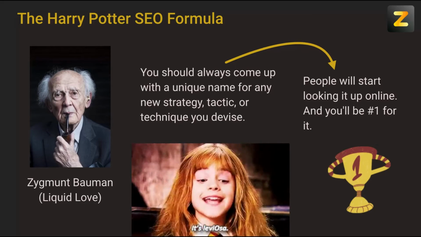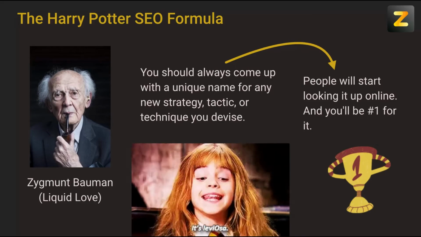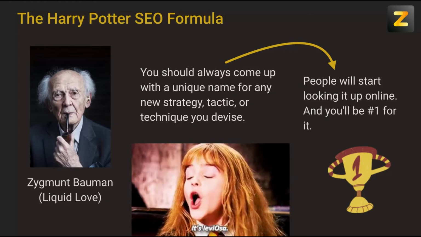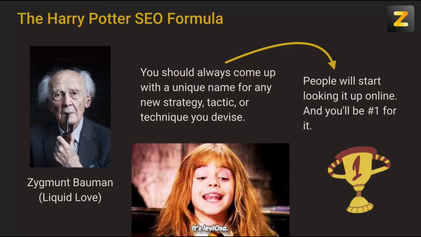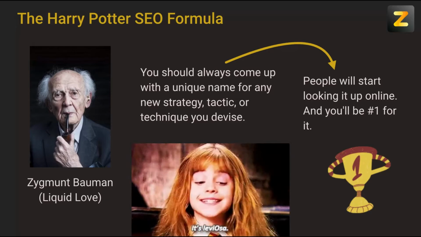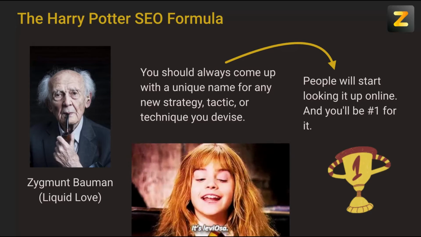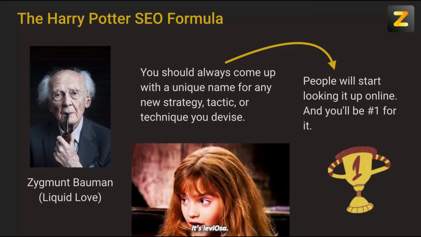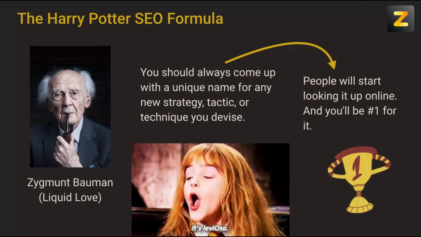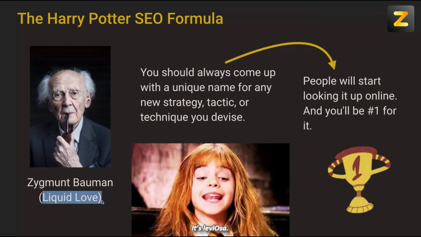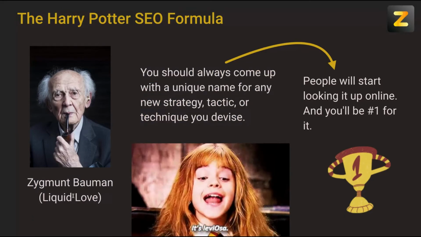Zygmunt Bauman warned us about that years and years ago, and now we are living a fertility crisis all over the world. We could explain the liquid love concept by saying people can't be girlfriend and boyfriend anymore, or wife and husband anymore.